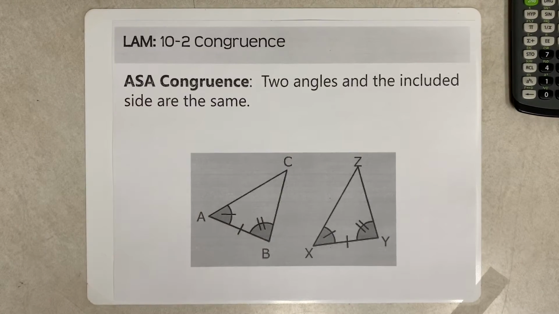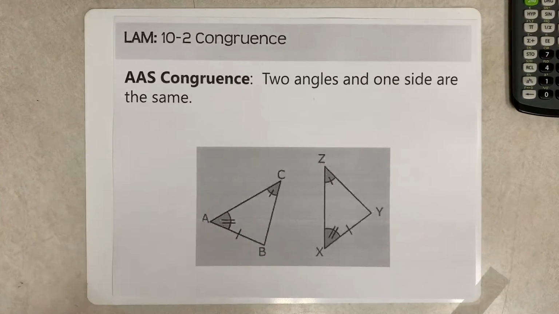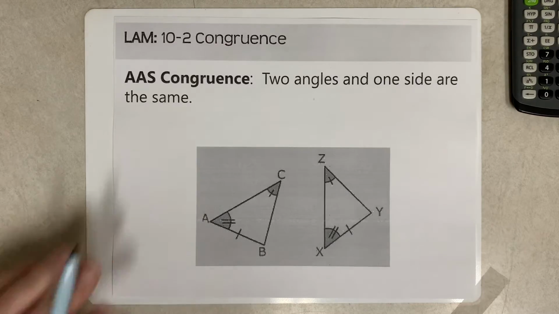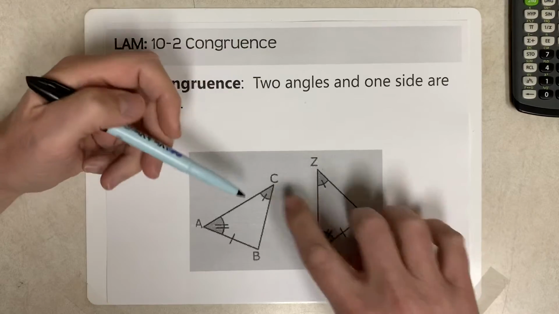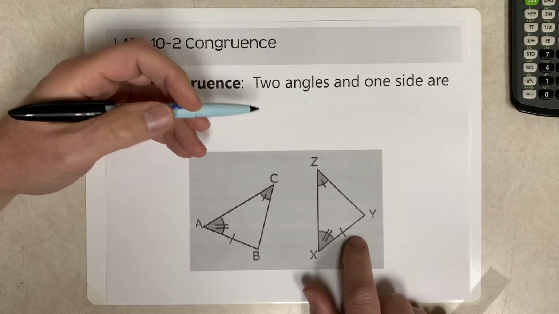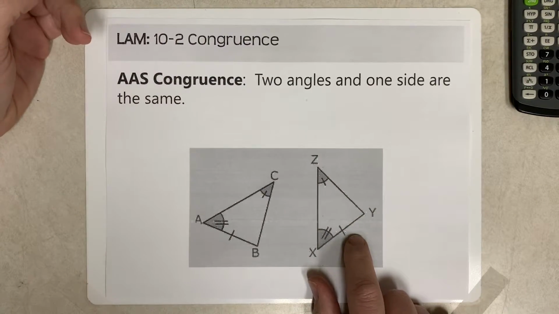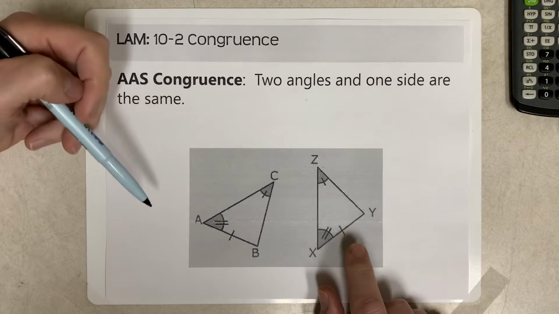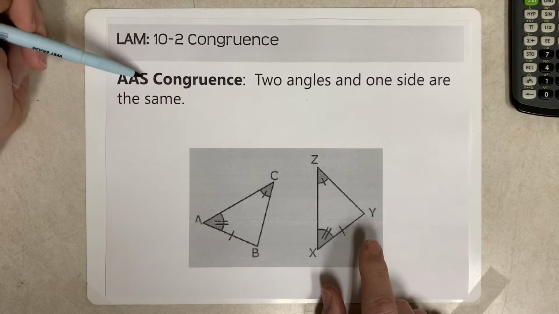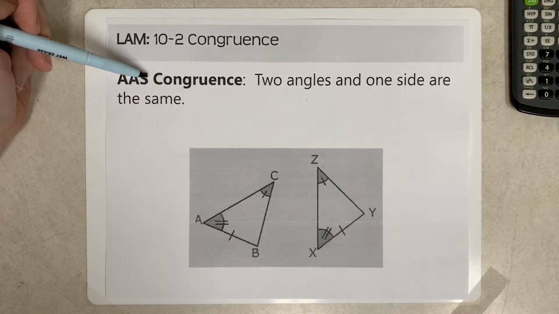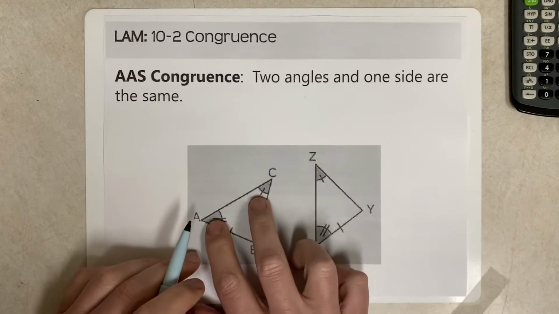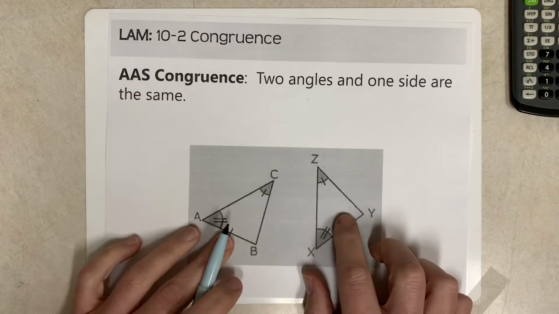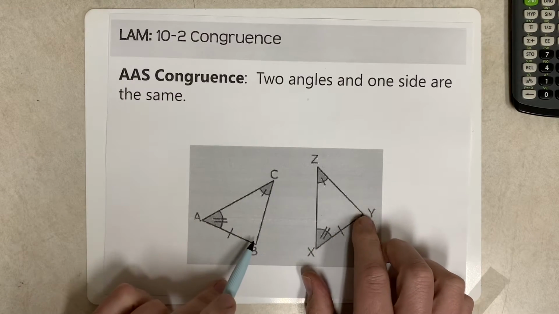And then we have finally AAS congruence, and that is two angles and one side. So angle, angle, and then another side would be congruent. Now that's really the reason why this works. It's not a postulate, it's a theorem, because if two angles match up, then the third one matches up automatically.